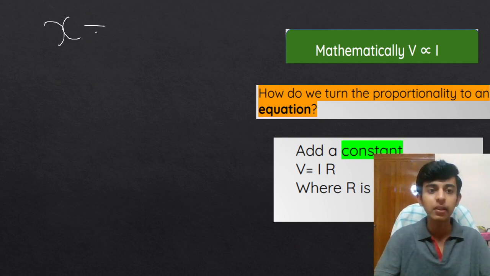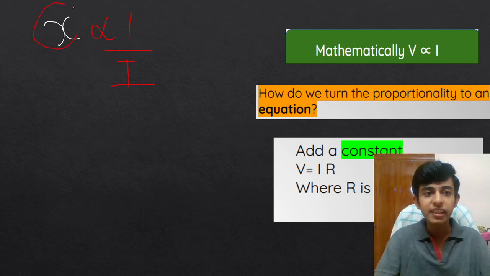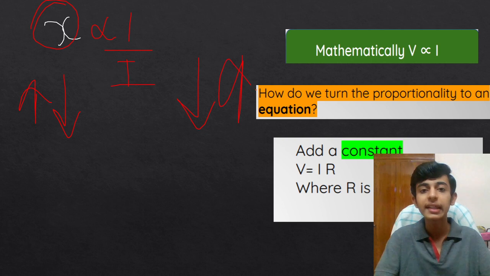This X is inversely proportional to the current, that is your I. It means if this X is going to increase, rate of flow of charge will decrease, that is your current. If this X would decrease, your current would increase.